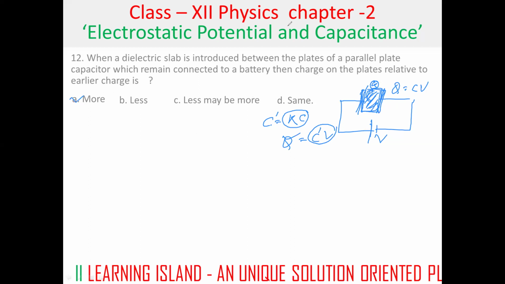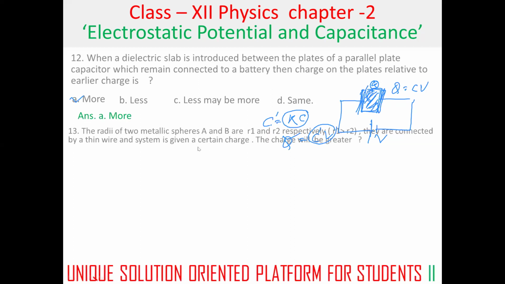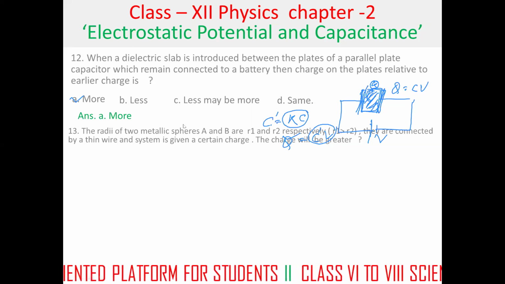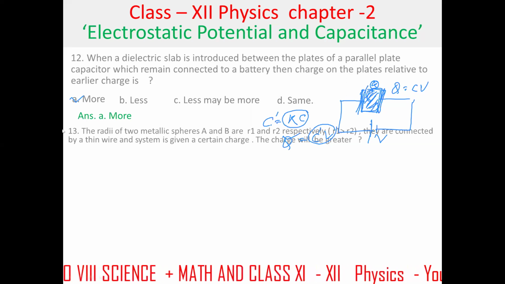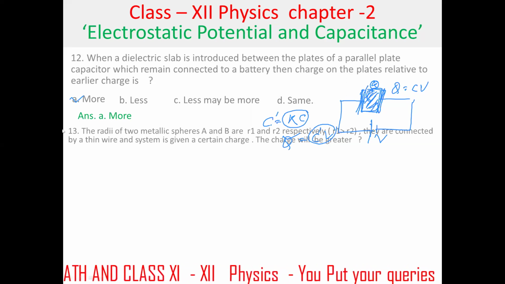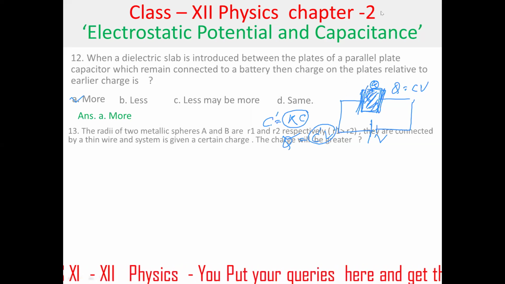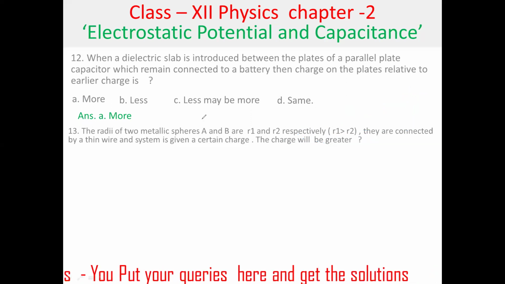So let us go to the next question. The radii of two metallic spheres A and B are R1 and R2 respectively, where R1 is greater than R2.